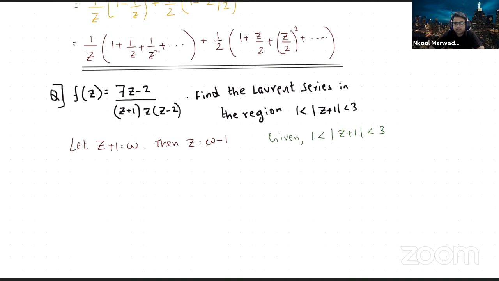Now what I can say is that I can break it into two entities. I can say that mod of z plus 1 is greater than 1, and I can also say that mod of z plus 1 is less than 3.